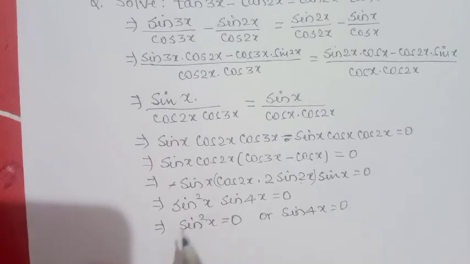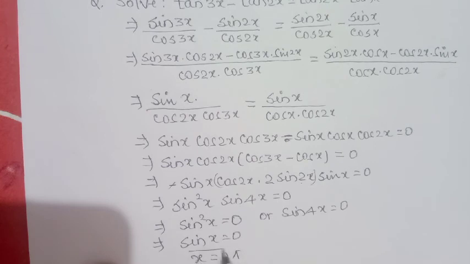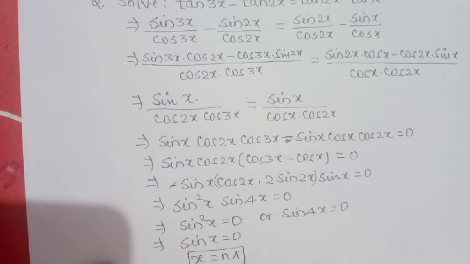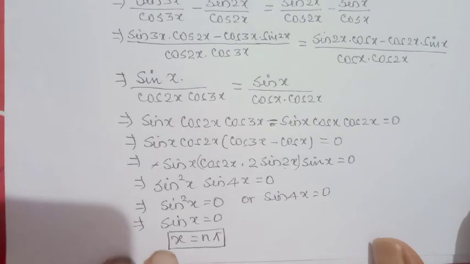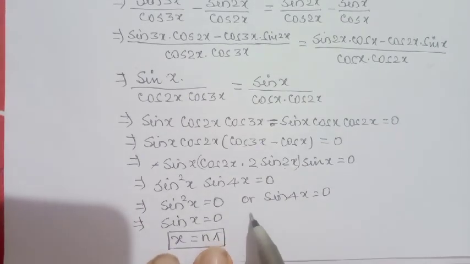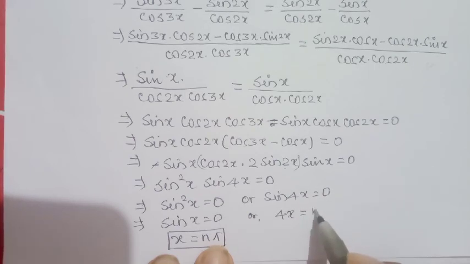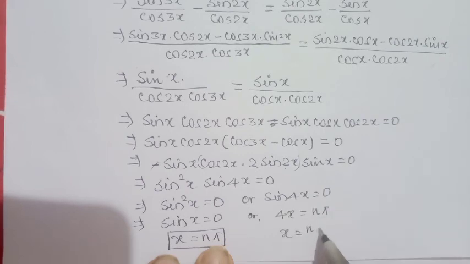Sin square x equal to 0 means sin x is equal to 0, and hence x is equal to n pi. This is the general solution from the first part. On the other part, when sin 4x is equal to 0, then 4x is equal to n pi, and hence x is equal to n pi by 4.